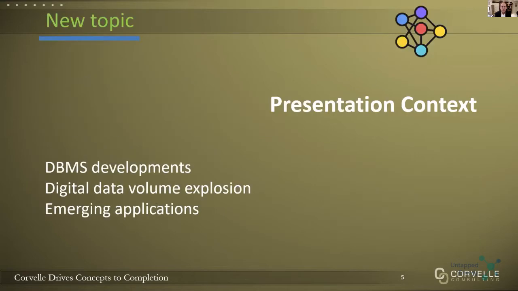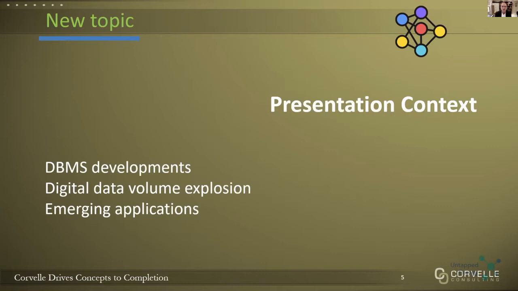So starting with the presentation context, there are 3 major technology trends that indicate the adoption of graph databases will increase significantly, or perhaps even dramatically, into the future, because graph databases address the problems and opportunities created by these trends. The first is further DBMS developments.